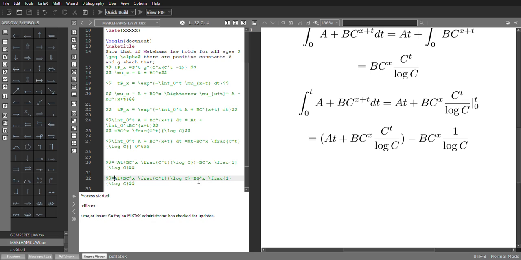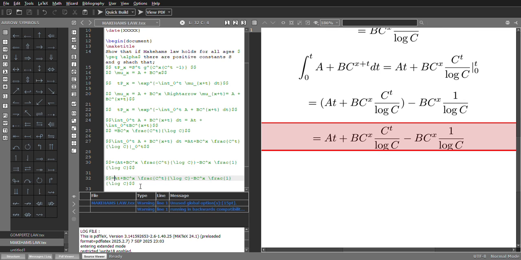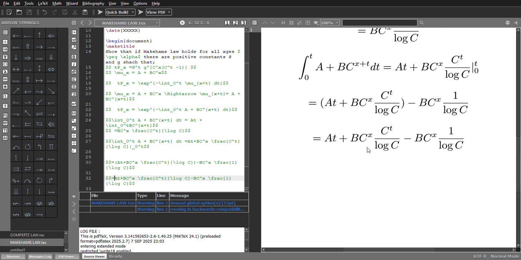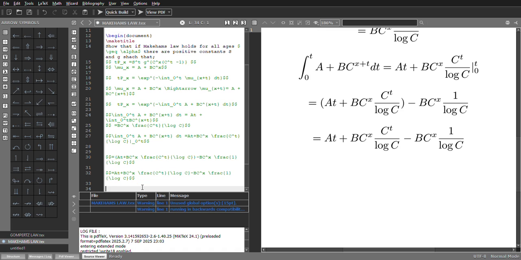Still the same. Then you notice that this one and this one have the same denominator, so we can collect them under one fraction and have them as follows.